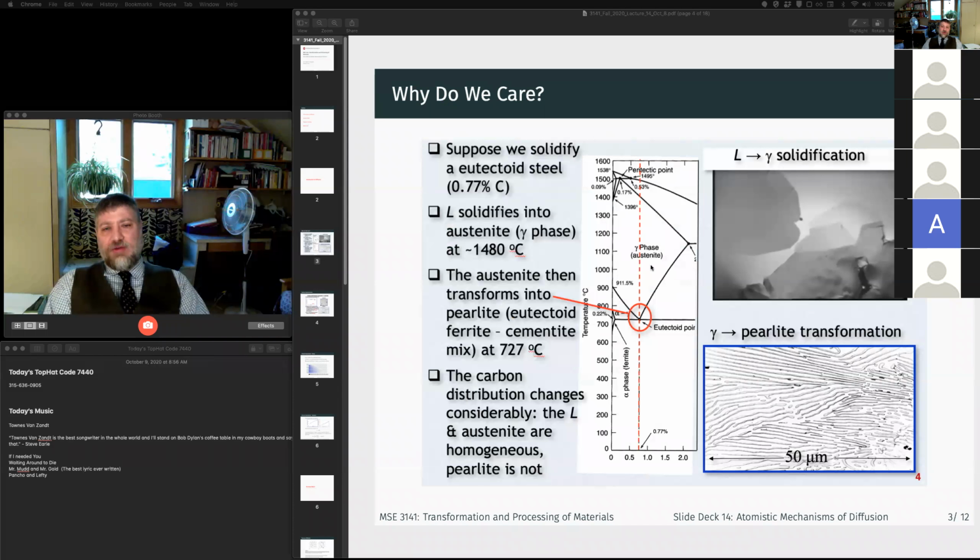So why do we care? Here's a really simple example that everyone should be familiar with. This is just a cross section of the iron-carbon phase diagram. So if we start from liquid, we come down through the peritectic up here, that as materials scientists we normally don't really care much about because we're mostly processing things in the gamma phase, or the austenite phase.